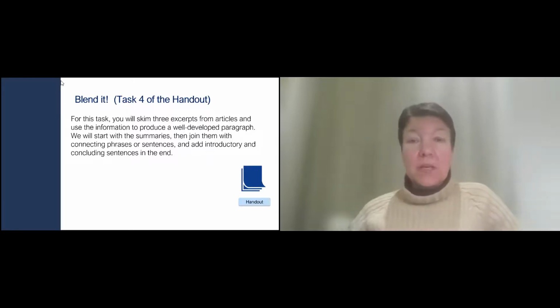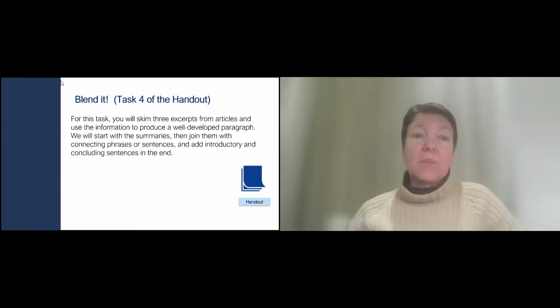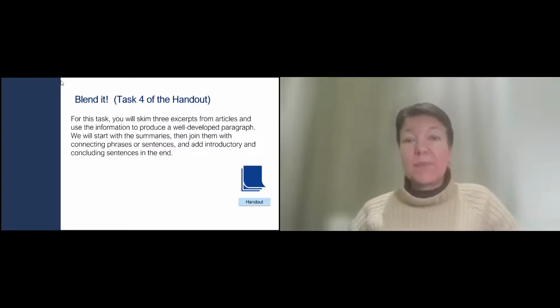So you will skim 3 excerpts from articles, and we will use this information to produce a well-developed paragraph. We'll start with summaries, and then we will join each of those summaries with connecting phrases or sentences, and then we will add introductory and concluding sentences.